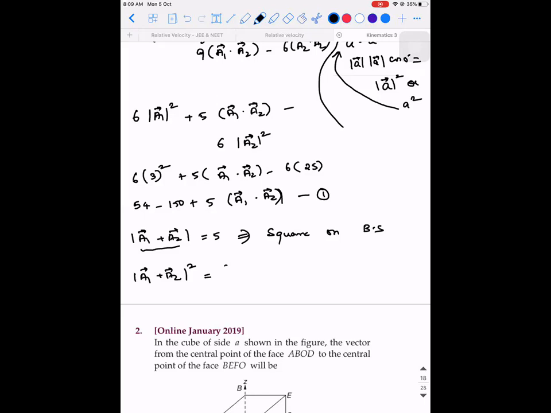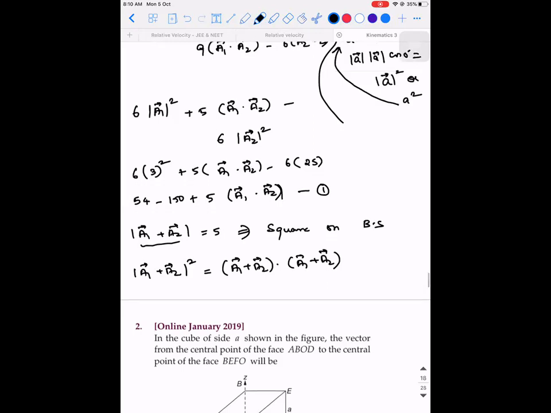Can I write this as a1 vector plus a2 vector dot a1 vector plus a2 vector? Because I told you the modulus square is nothing but the dot product of the vector with itself. Here the vector is a1 vector plus a2 vector. I hope this is clear.